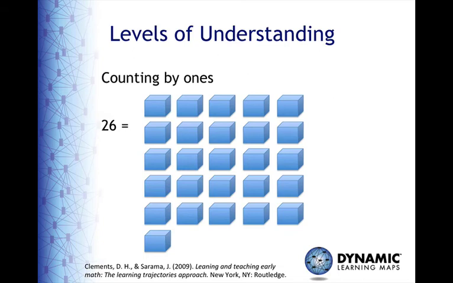Being able to form units is a step towards understanding unitizing and a building block towards place value. Once students are able to do some counting, they will begin to progress through various levels of understanding. At first, a student does not separate number words or numerals by their place value. 26 refers to 26 cubes.